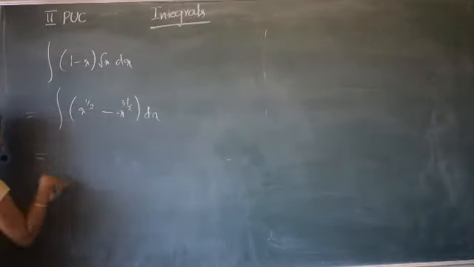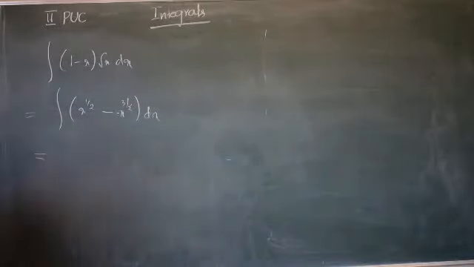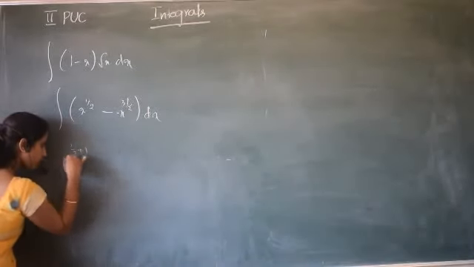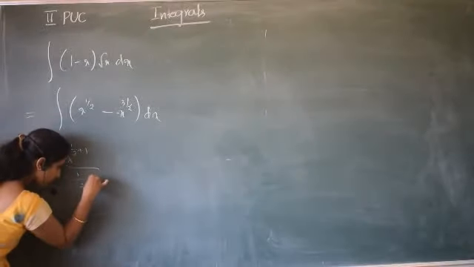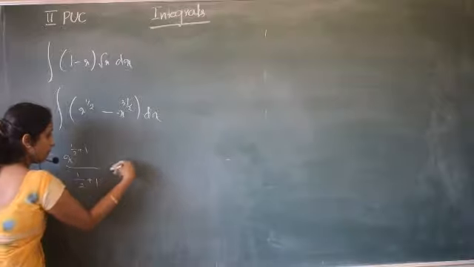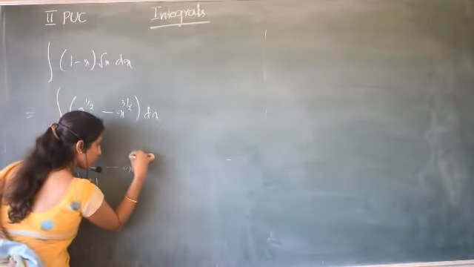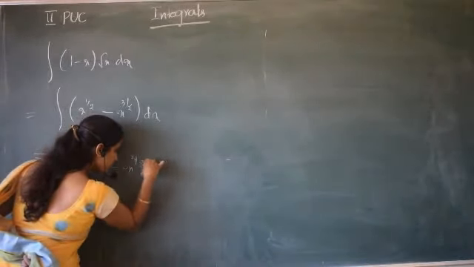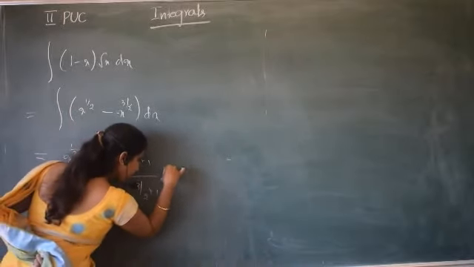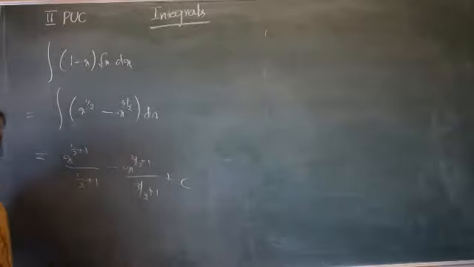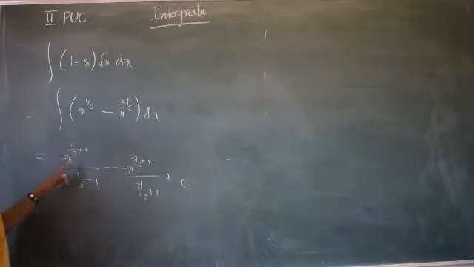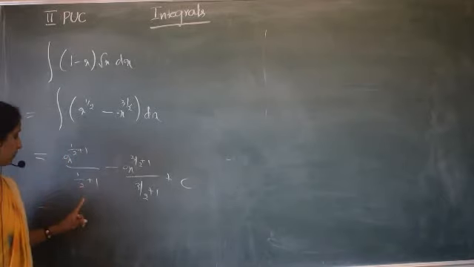So this will be x to the power half plus 1, minus x to the power 3 by 2 plus 1 by 3 by 2 plus 1. So this will be equal to x to the power half plus 1 is x to the power 3 by 2, divided by 3 by 2.